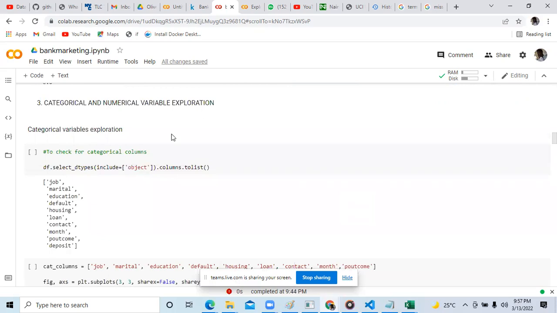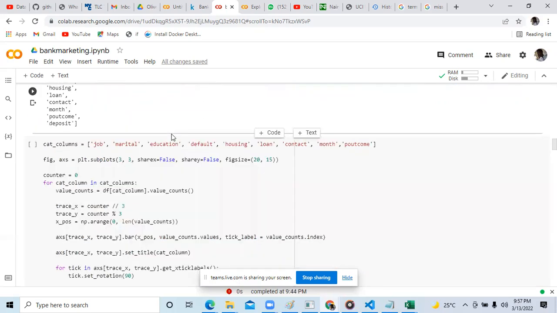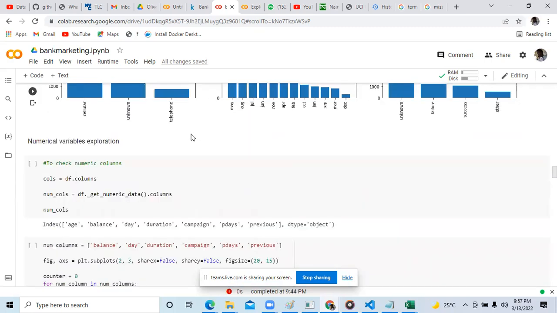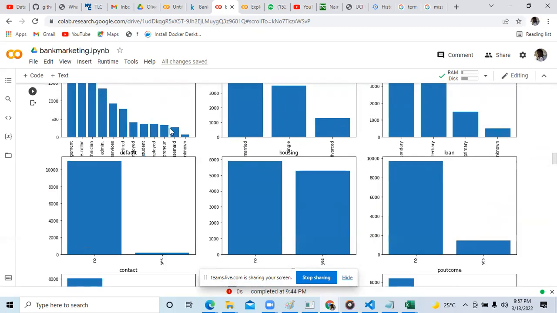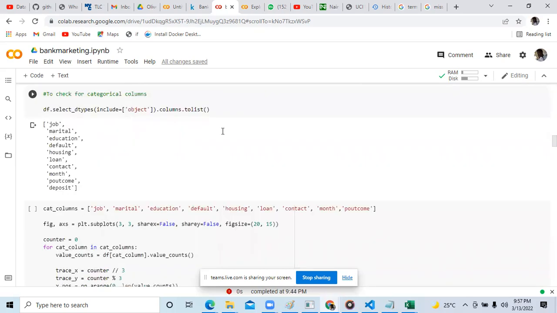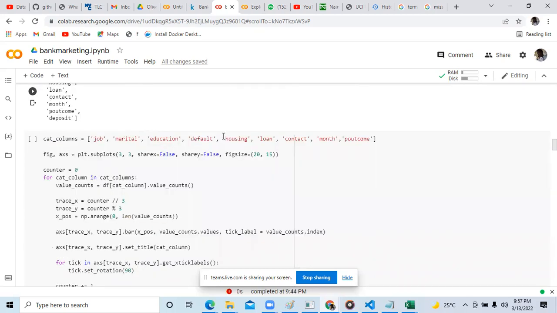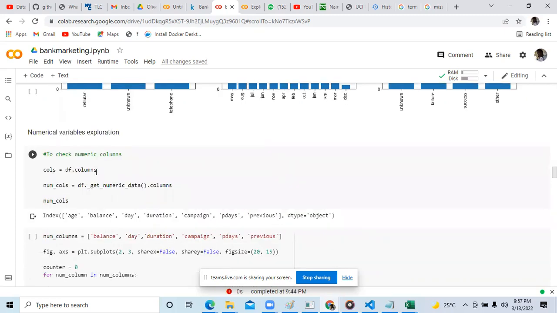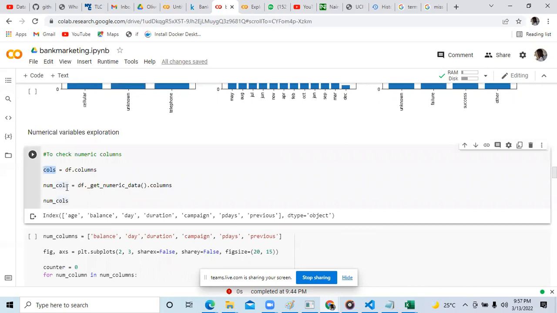Now let's go to our numeric variables. We could have used this same code to find numeric variables, but I researched another way to do it. We can do df.columns and pass it into this cols variable, and say df._get_numeric_data().columns.